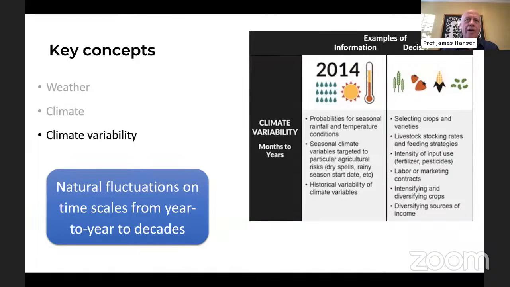Climate information includes the type of analyses that I showed in the past screen, graphs, analyses of how the climate behaved in the past at these time scales, and also forecasts at a seasonal time scale, which is typically 3 months or longer, possibly multiple years, although the state of climate science only rarely allows forecasts at that time scale.